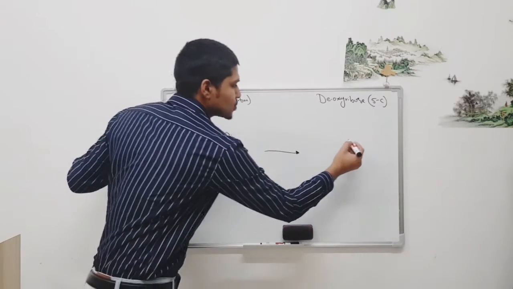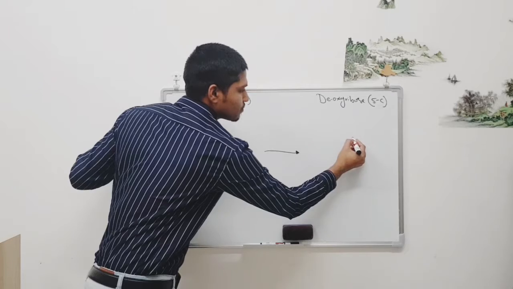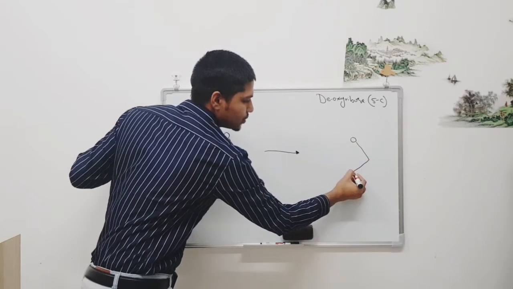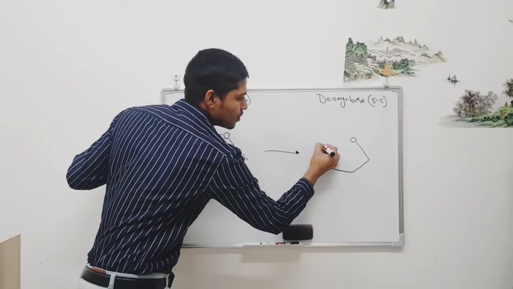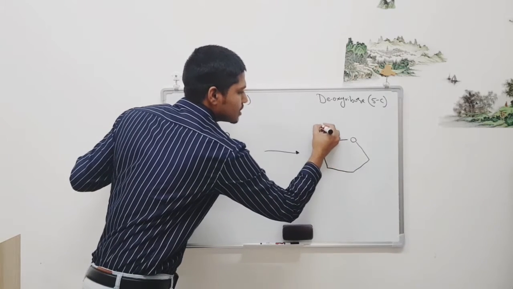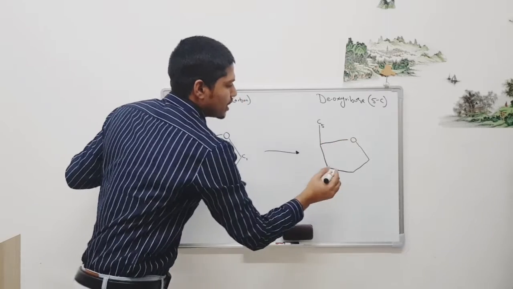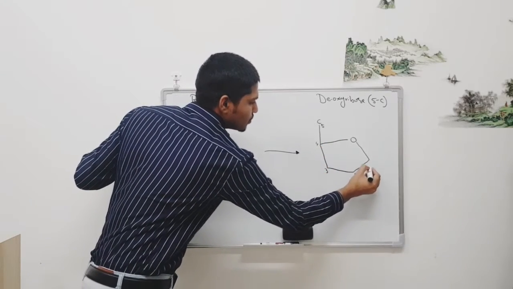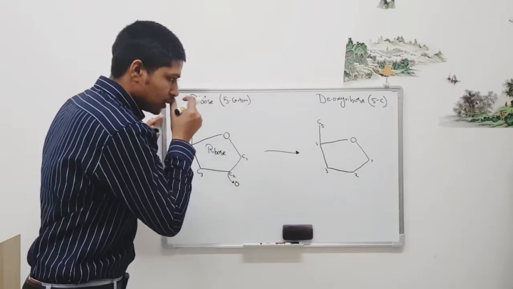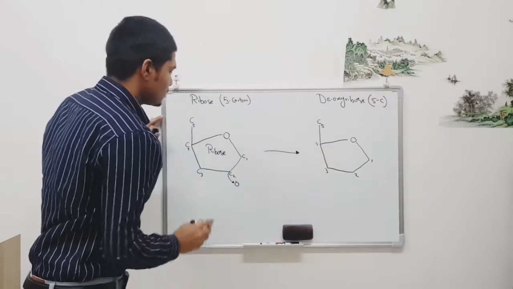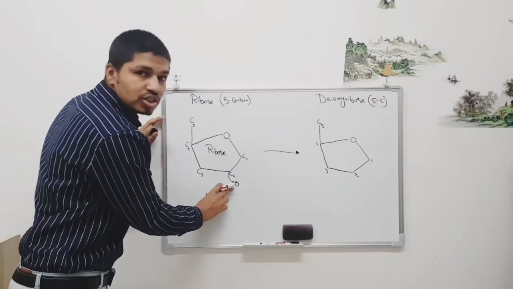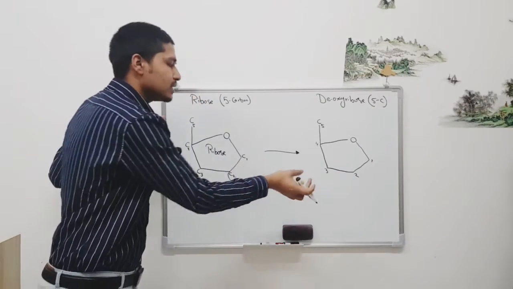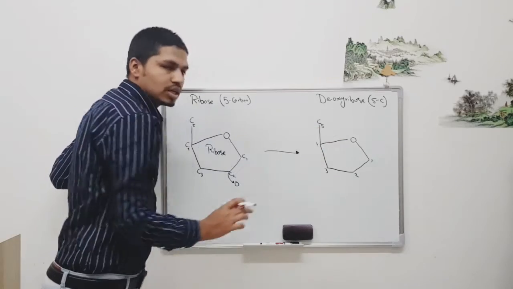Now let's draw the structure of deoxyribose. Here is the oxygen molecule, carbon number 1, 2, 3, 4, and carbon number 5. Now look at this structure. It's ribose but here there is no oxygen molecule, so it's deoxyribose.